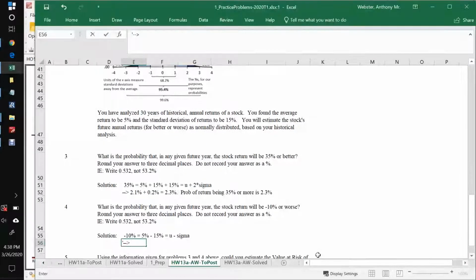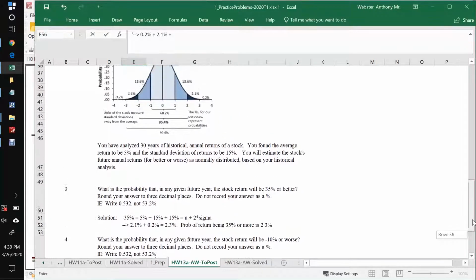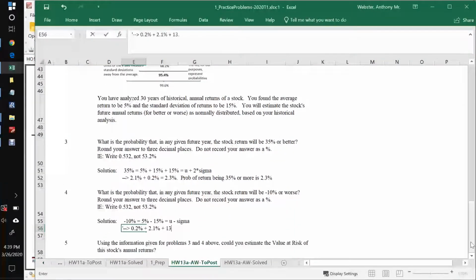So that's going to be 0.2% plus 2.1% plus, I think I said 13.6%, yep, 13.6%.